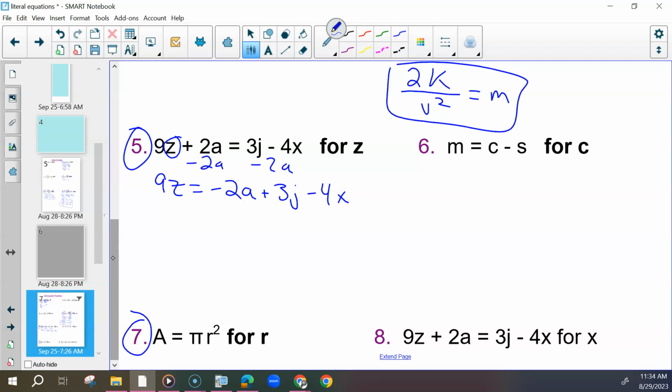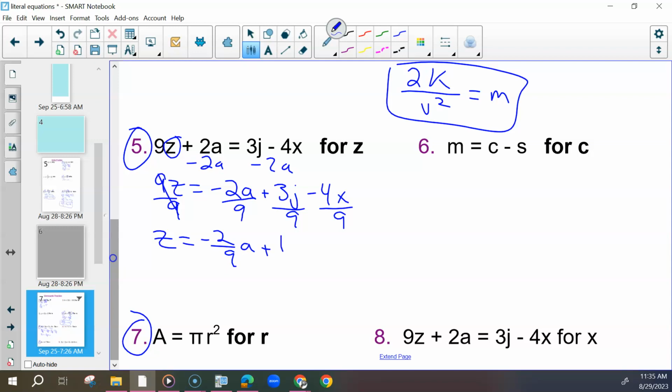And here, because I could simplify this as a fraction, the 9 and the 3, we're going to do it individually. So divide each piece by 9. So z equals, this is going to remain a fraction, -2/9 a. Put the a next to it, or in the numerator, either or. 3 over 9 would simplify to 3 what? Say 1/3.